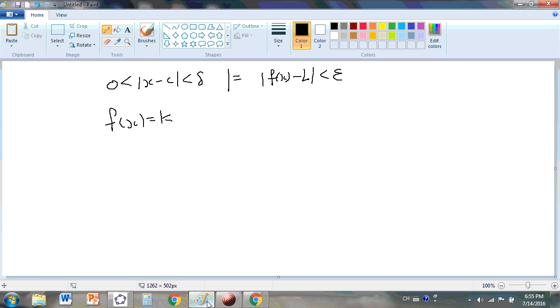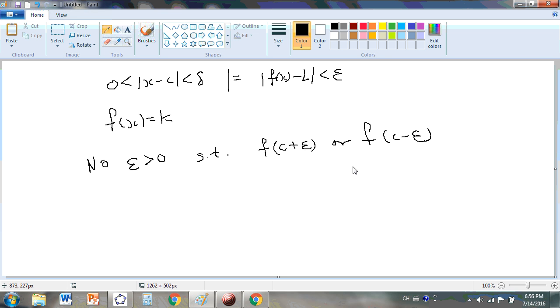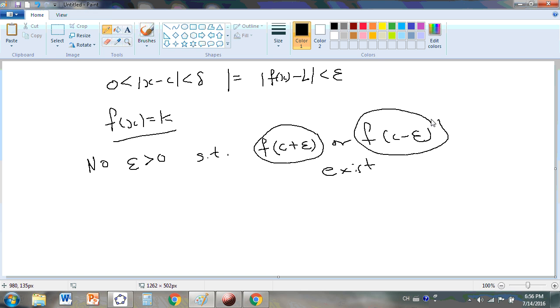There is no epsilon greater than 0 such that f(c + ε) or f(c - ε) exist. In the case of the constant function, neither this nor that exists. So it's totally irrelevant even to talk about epsilon in this case.